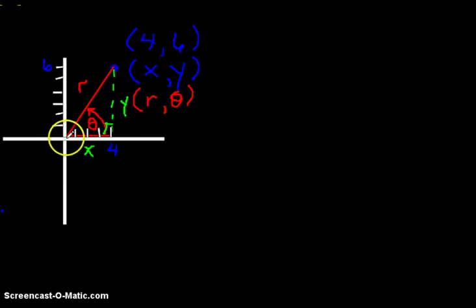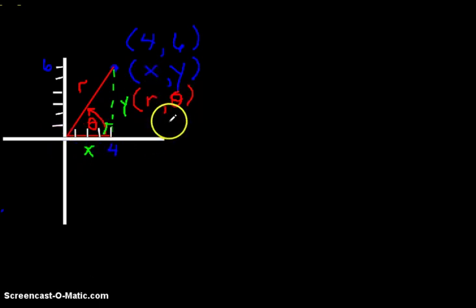The reason being is that this is in an x direction, and this is in a y direction. So what kind of formula can we think of for a right triangle that involves two legs of the triangle and the hypotenuse? Well, you guessed it.